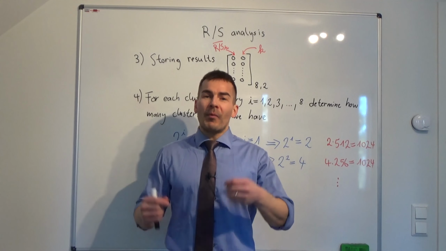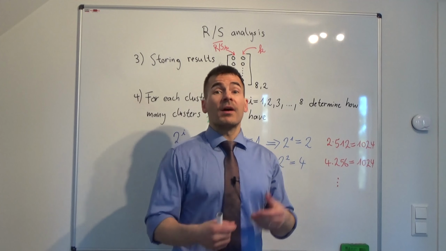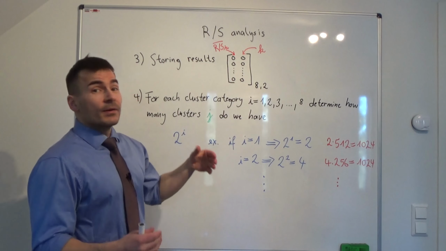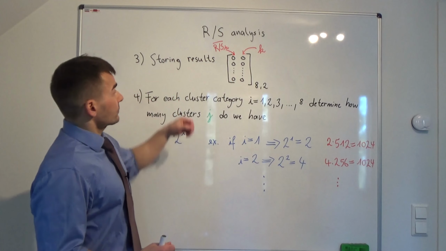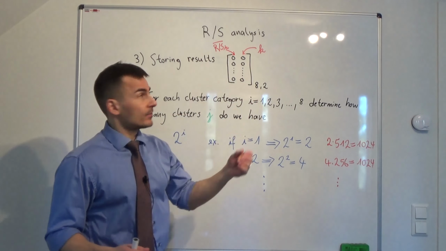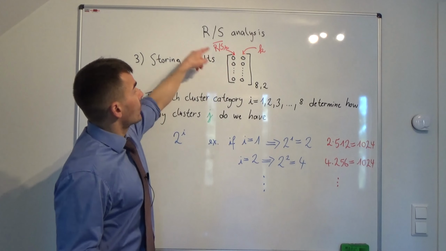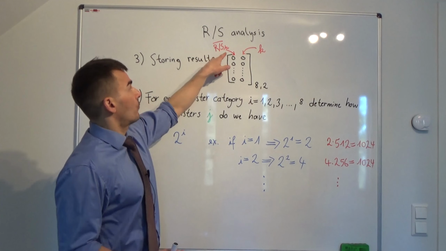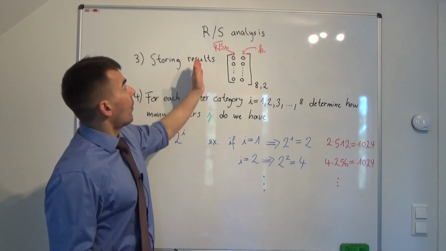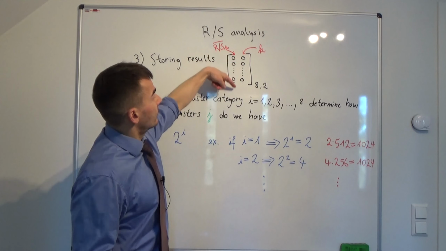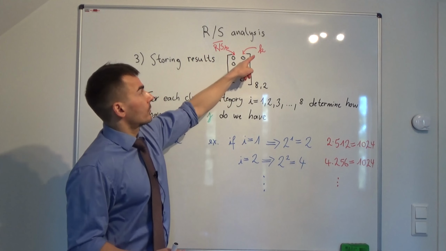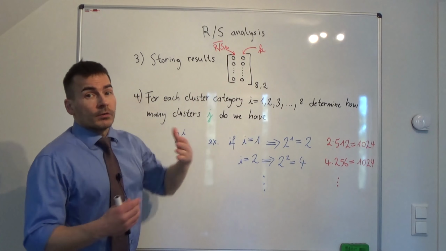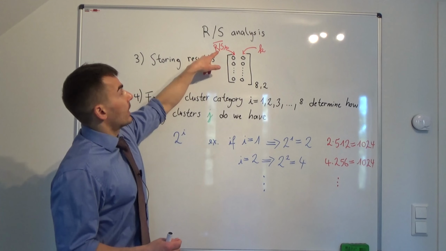Once we have determined how many observations per cluster size k we have, the third step is that we have to store the results. Operating with 8 categories of clusters, we have an 8 by 2 matrix, where we store in the first column the corresponding rescaled range statistic RS bar for category K, and in the second column vector we store just the corresponding size of the cluster K. And in the lecture we also discussed why this should be RS bar.